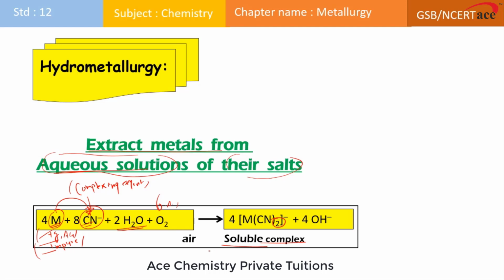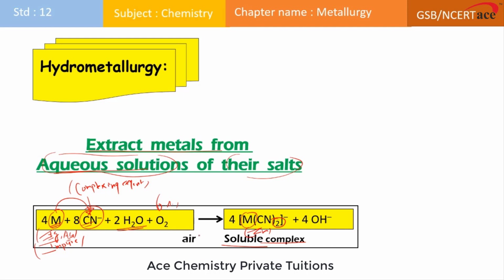Please remember, the metal is present in the form of a complex, but we don't require this associated form of the metal. We require what? Free metal. So to obtain free metal, we have to add another metal which should be more reactive than this metal, in order to carry out a metal-metal displacement reaction. If the metal is silver or gold, then generally we add what?